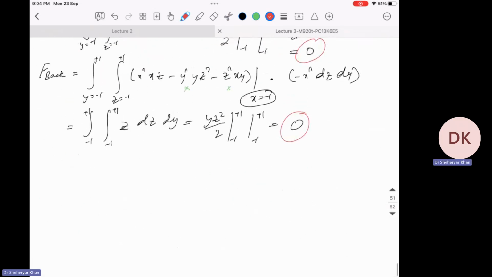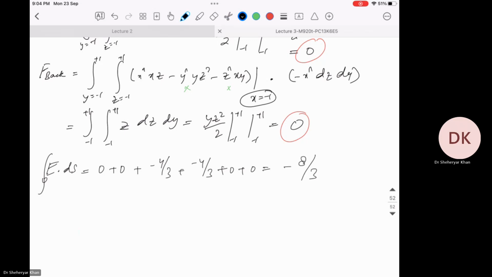So at the end, we can write, okay. So that's the right hand side of the divergence theorem. Okay. And now we will find out the other side.